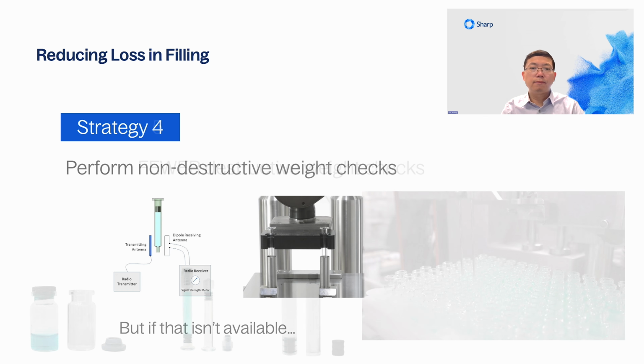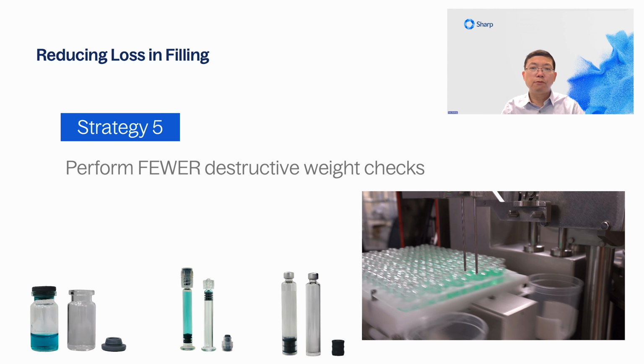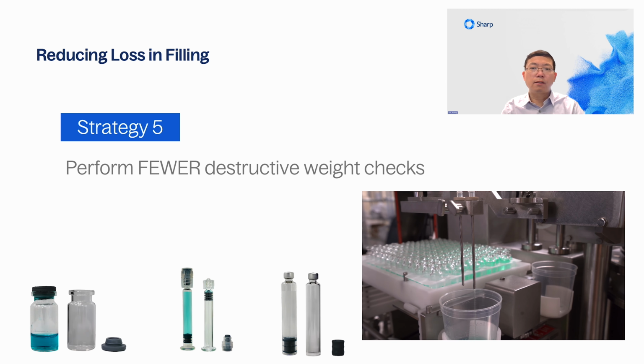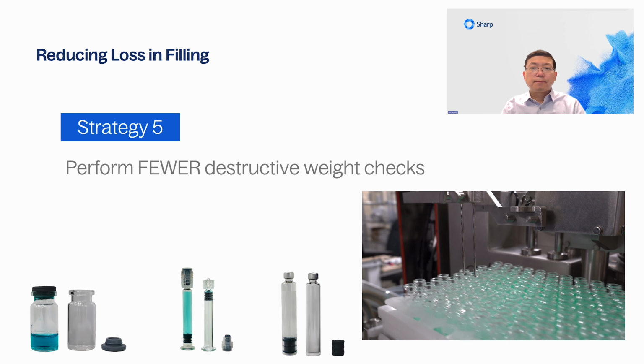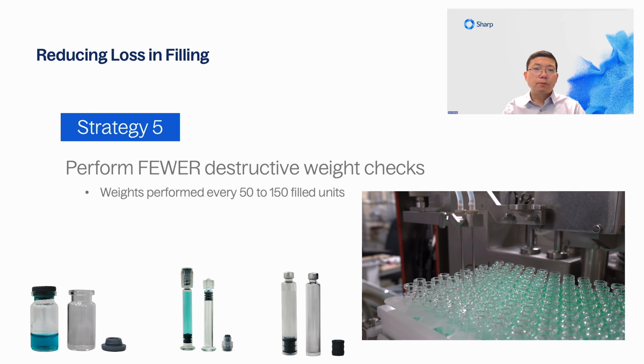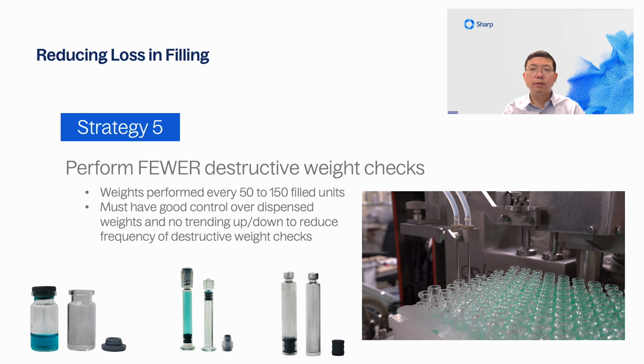If not, then you may want to consider performing fewer destructive weight checks. The number of weight checks performed is arbitrary. They are typically done every 50 to 150 filled units, and they are most often performed every 100 units.